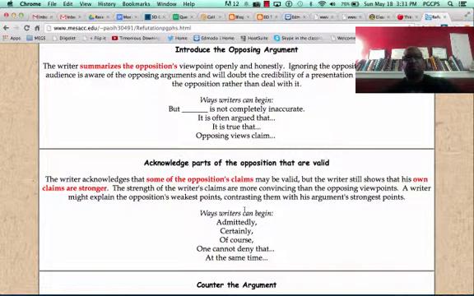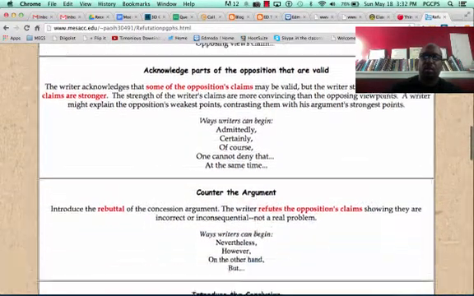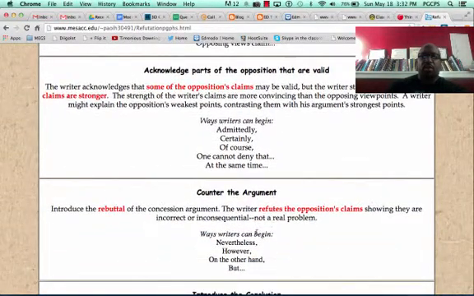Now here, although they may have some valid points, you're going to still show that your claims are stronger, that the strength of your claims is more convincing than the opposing viewpoints. And then you're also going to show the weakness in their points.